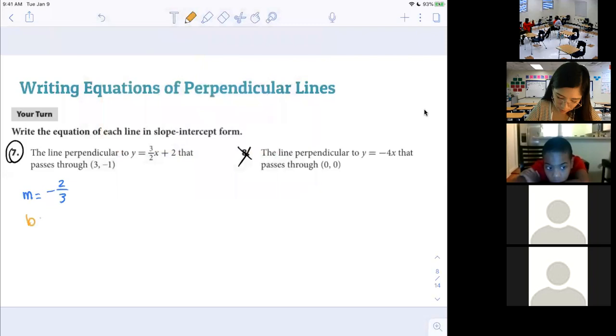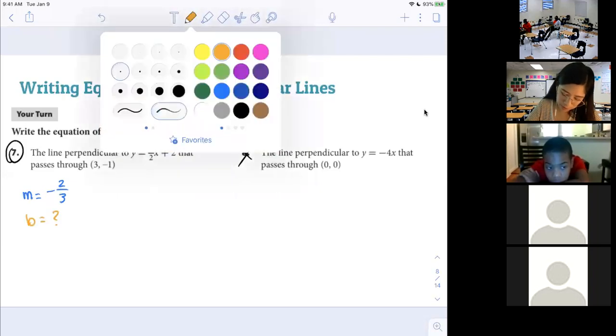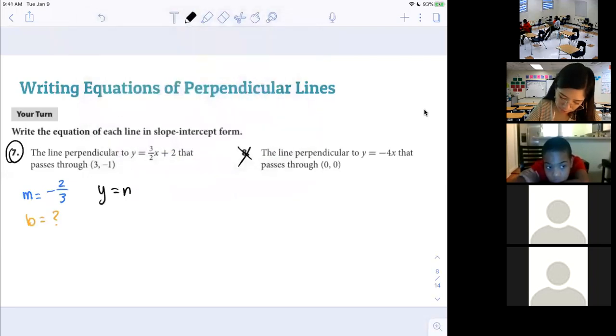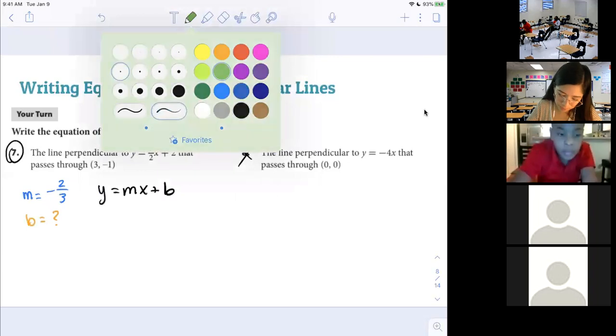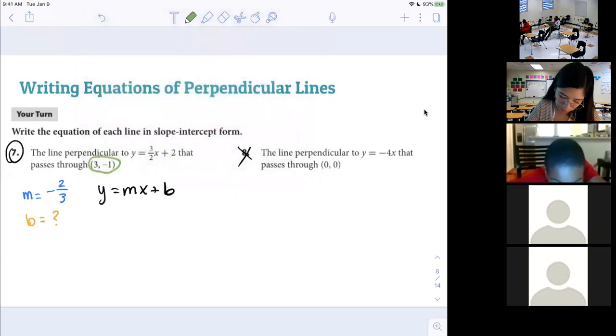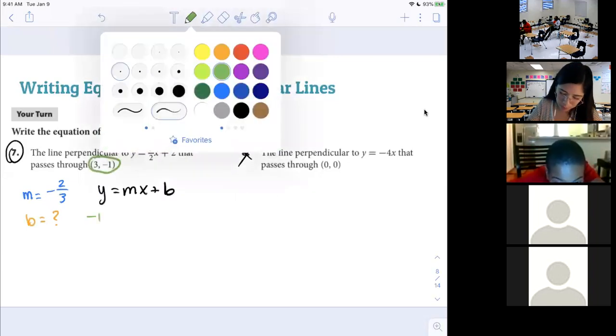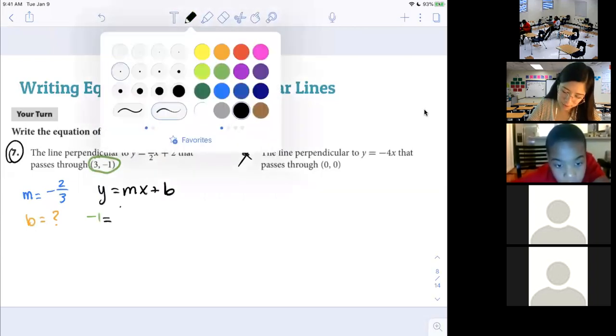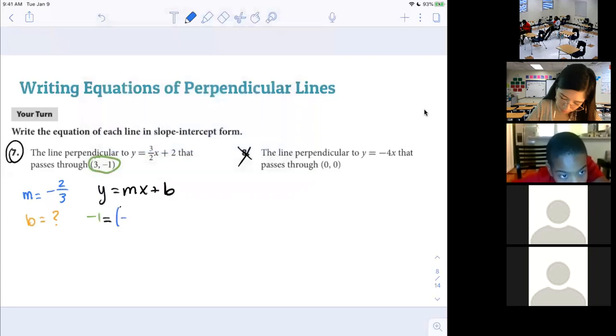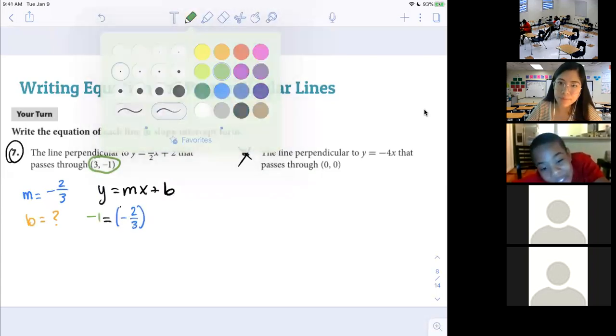I don't know my b. Let's plug everything in. What do I plug in for y? Good, -1 for y, because I'm looking at my coordinate point. What do I plug in for m? Good, Tyrone, -2/3. And what about my x?